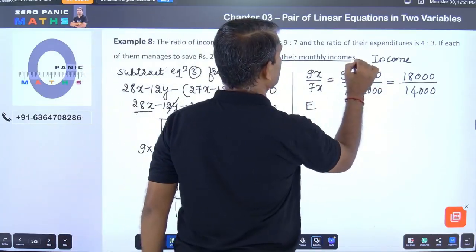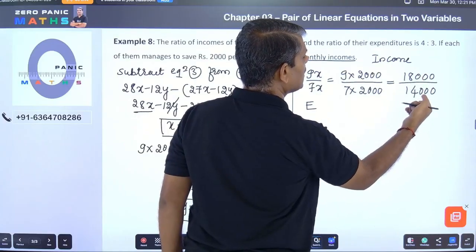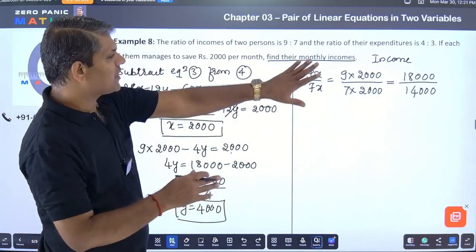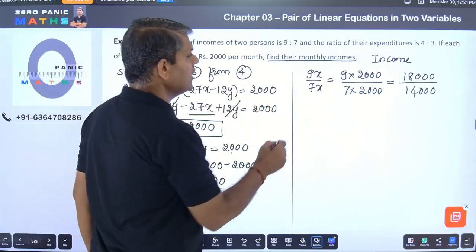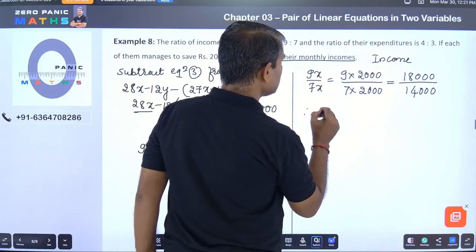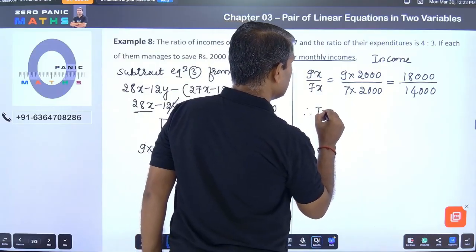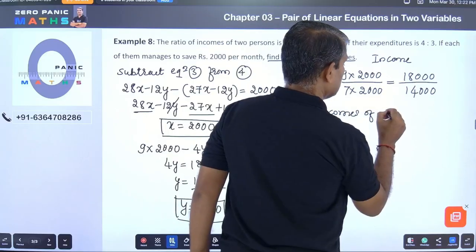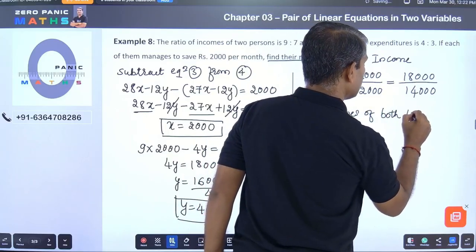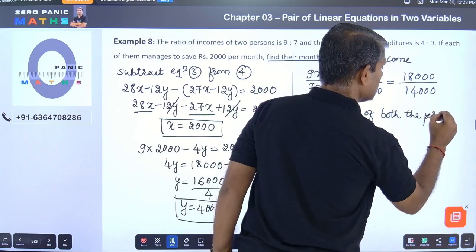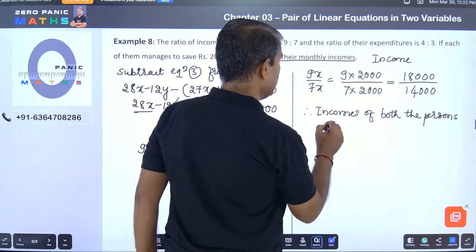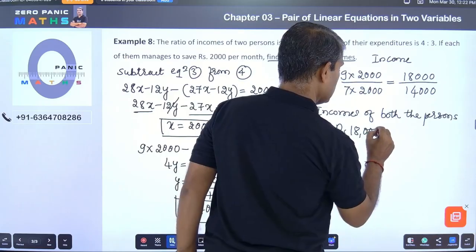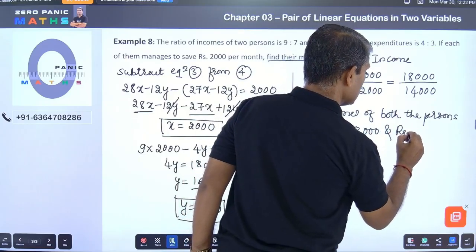Find their monthly incomes. They are asking monthly incomes, which are 18,000 and 14,000. Okay. Well, let us not talk about expenses. Let us complete our problem here only. So therefore, we can say incomes of both the persons is rupees 18,000 and rupees 14,000.